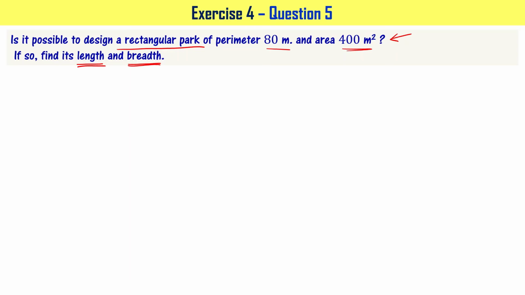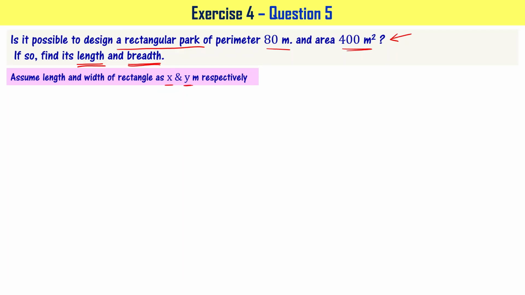Let's start with formulating the equation. For that, let me assume the length and width of the rectangle as x and y meters respectively. Breadth and width are the same, right? Perimeter is given as 80 meters, right?